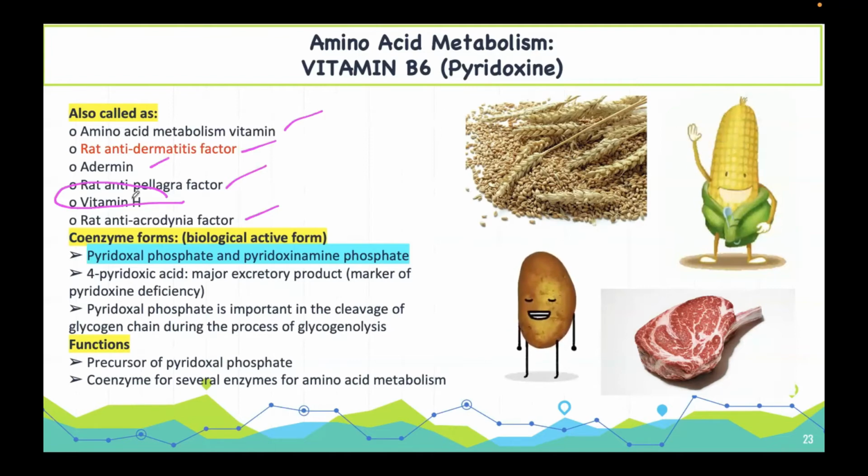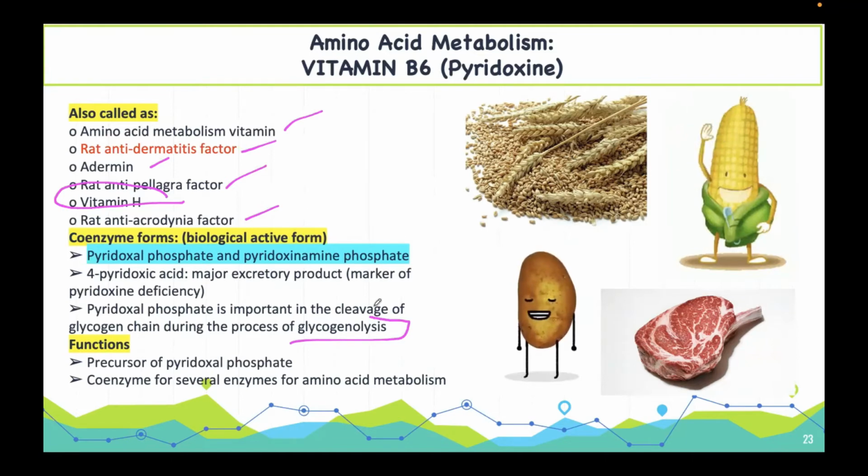Okay, for your 4-pyridoxic acid, the major excretory product is the marker of your pyridoxine deficiency. Your vitamin B6 or your pyridoxine, pyridoxal phosphate, is important. Why? It is important in the cleavage of your glycogen chain during the process of your glycogenolysis. So mainly yung vitamin B6 natin, important po siya sa ating process, which is what we call yung glycogenolysis.